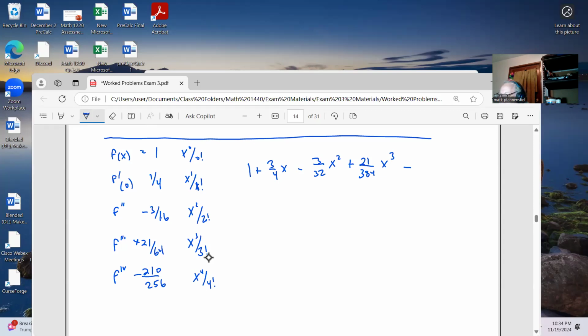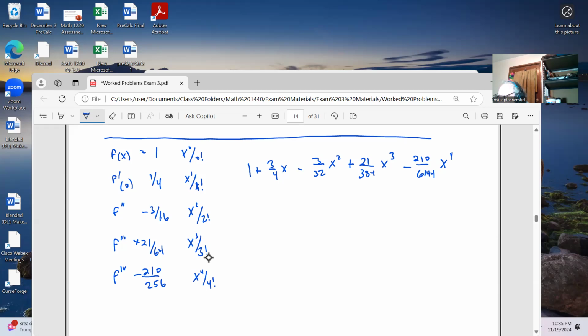And this is going to be 256 times 24, 4 times 3 times 2 times 1. So that's going to be 210 over 6144 x to the 4th power. Okay, and then one thing I can do is clean this up a little bit. 3 over 32 doesn't do anything. How about 21 over 384? And then say that's 7 over 128.